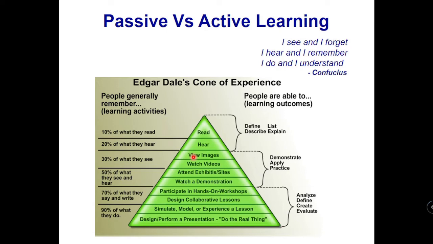People generally remember 10% of what they read, 20% of what they hear, 30% of what they see, 50% of what they see and hear, 70% of what they say and write, and 90% of what they do, the real thing.